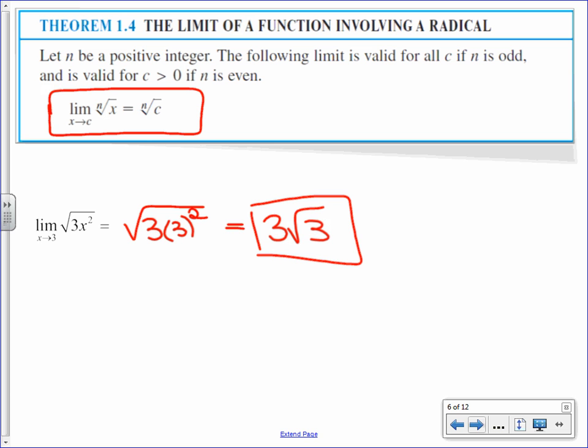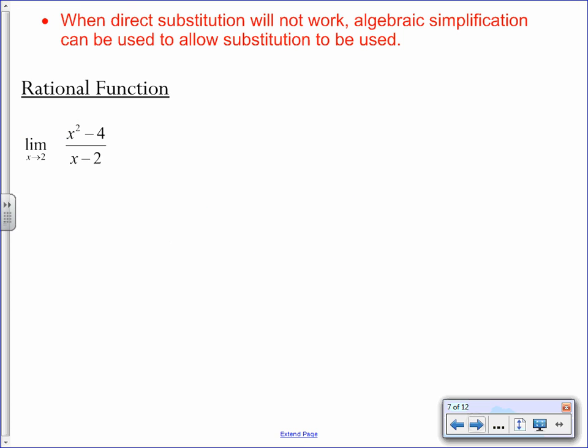Okay, unbounded behavior means our limit fails to exist. So only if we have a hole can we evaluate the limit. Even if we have a hole, as long as we're approaching the hole from the right and left, that limit is going to exist.